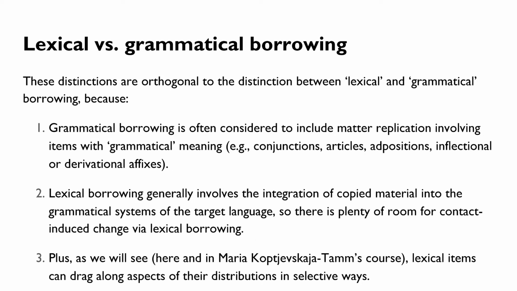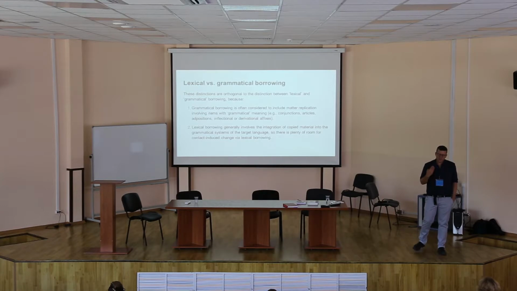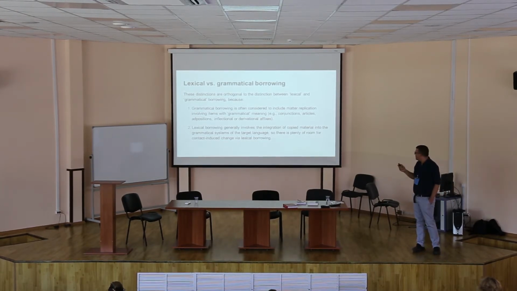Also, and this is an issue that's not widely taken up except in phonology, any kind of loan word or loaned item has to be integrated somehow into the target language's structure. And this is actually a fascinating domain. We'll talk about this more tomorrow and a bit today as well. So lexical borrowings are never naked from grammar anyway. They also have their own grammar, right, in the donor language.